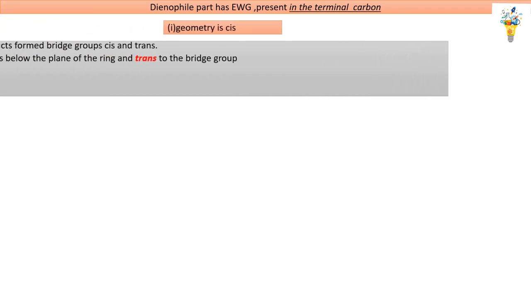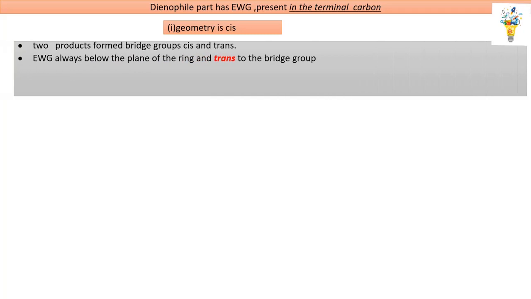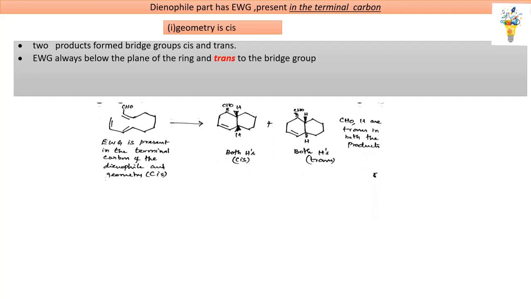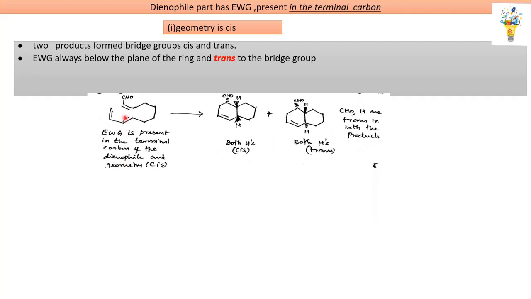When the electron withdrawing group is present on the terminal carbon, what is the stereochemistry of the bicyclic adduct? You get both cis and trans geometry. See the example. Here the electron withdrawing group is present on the terminal carbon, and the products are both cis and trans.